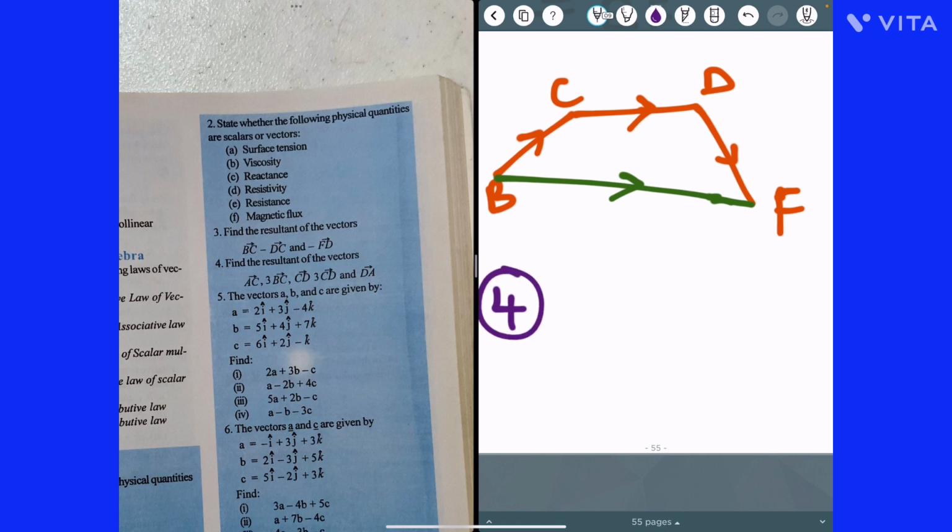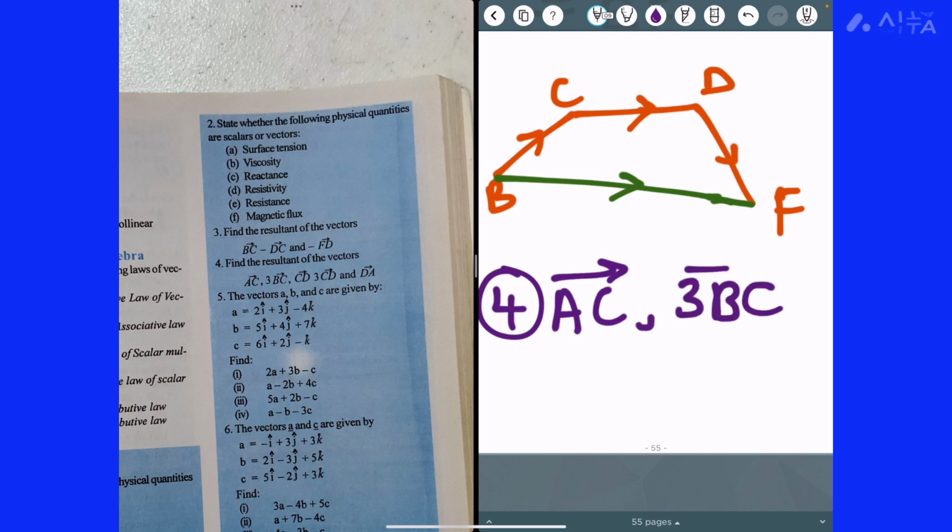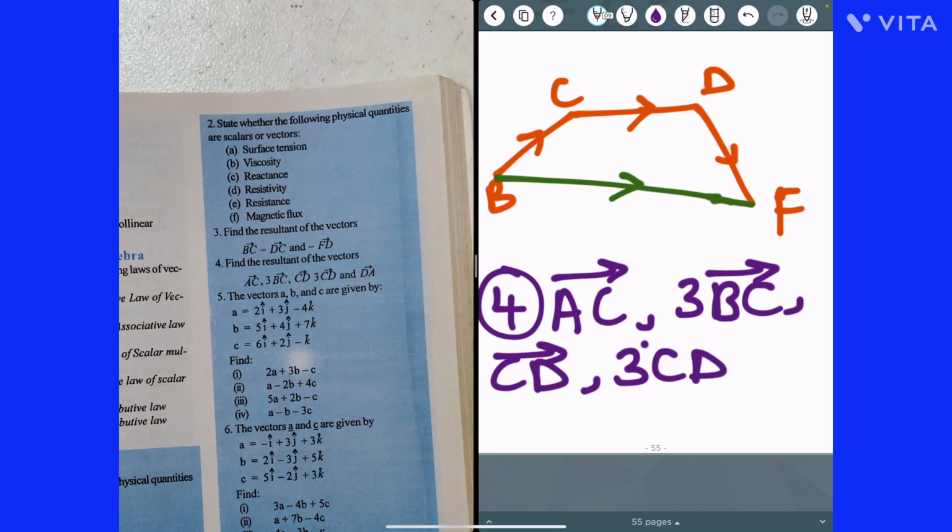In question 4, it says find the resultant of the vectors AC plus 3BC plus CD plus 3CD plus DA. I'll try and be faster now because we are leaving the basics, so there will be less to explain.